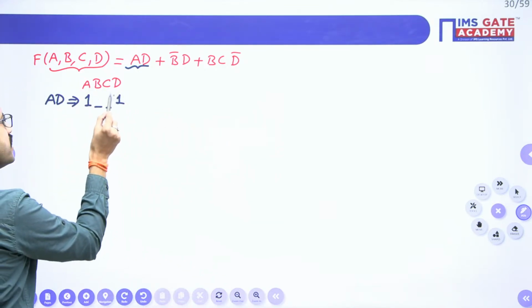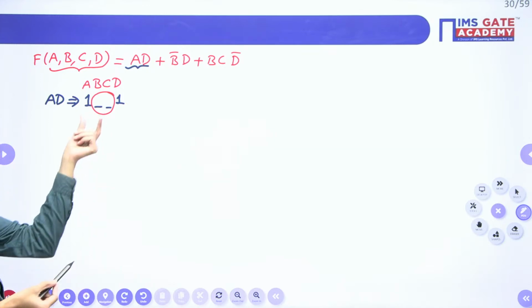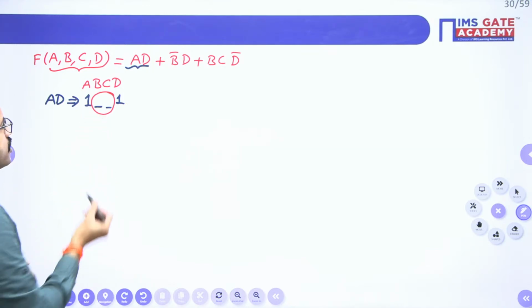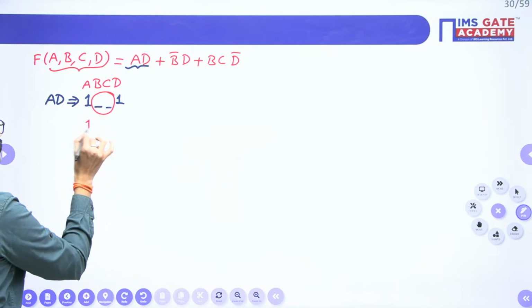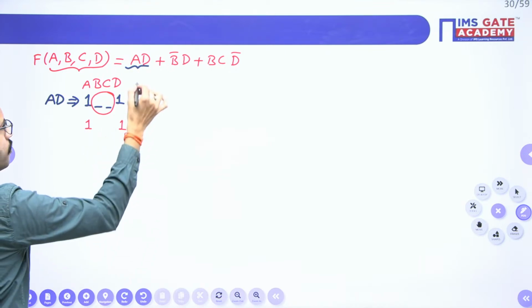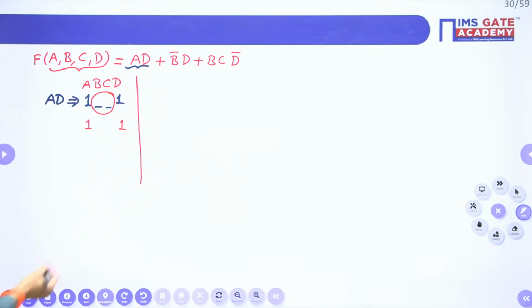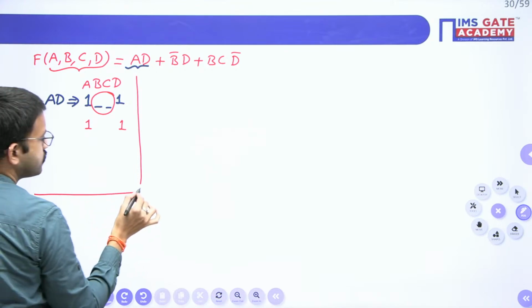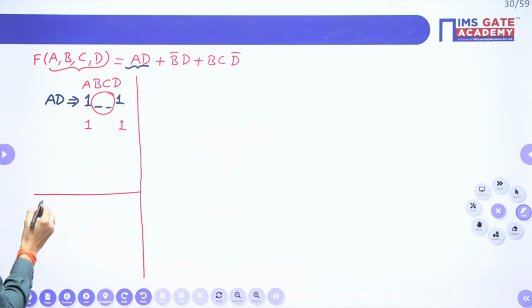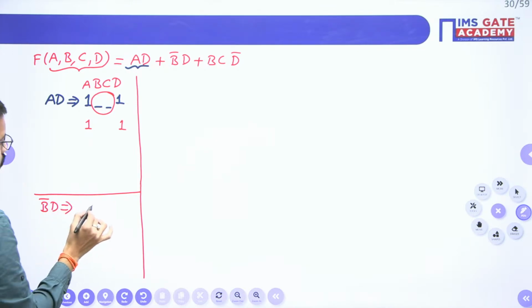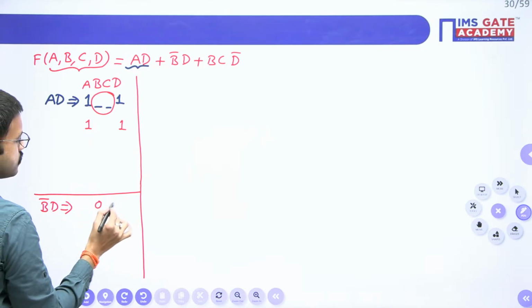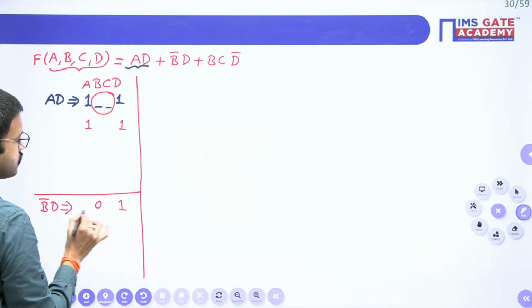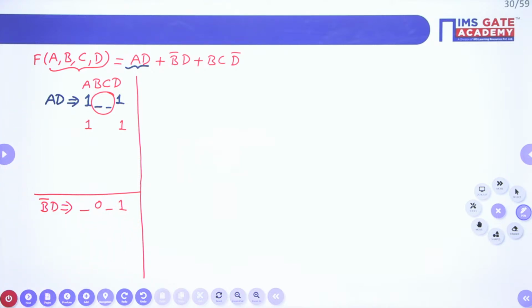Now regarding B and C, 2 bits are unknown. That means how many combinations will you get? Yes, you will get 4 combinations, right?